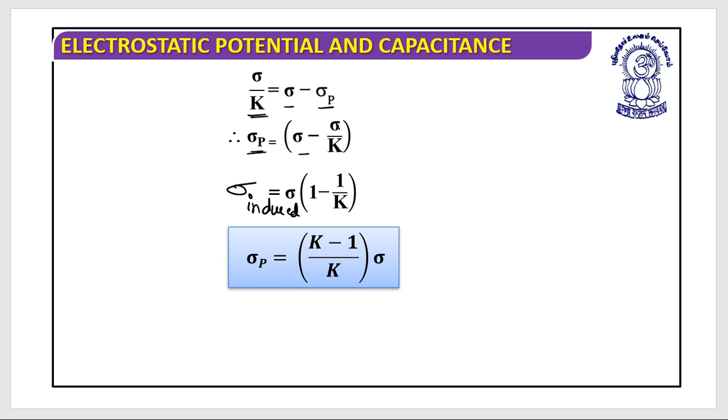Now one thing very important. What is sigma? Have you remembered the first unit? We have defined three different charge densities. One of them was lambda, which is Q by L. It's the linear charge density.